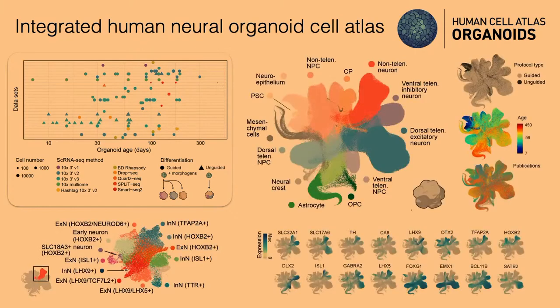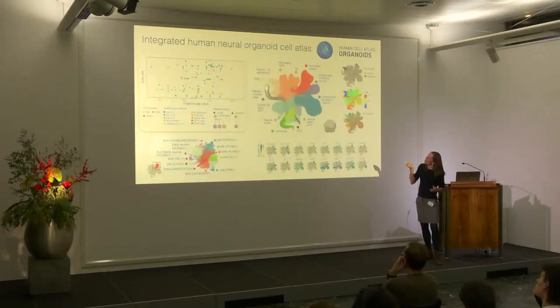So how does the atlas look now? A lot of plots here, but this is the integrated neuroorganoid atlas, where we can see, starting from pluripotent stem cells, very few of them very early on, the neuroepithelium, then developing into neuroprogenitor cells of the dorsal telencephalon, the ventral telencephalon, and all these non-telencephalic progenitors that then develop into their respective neurons.